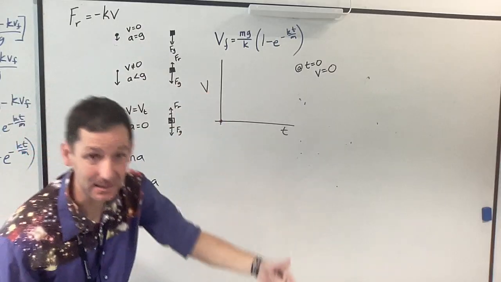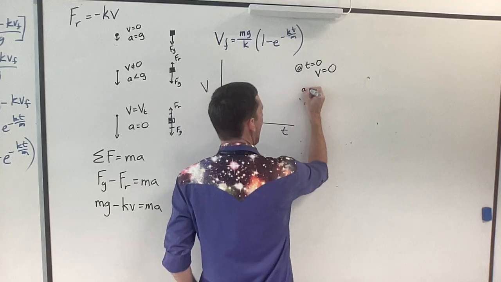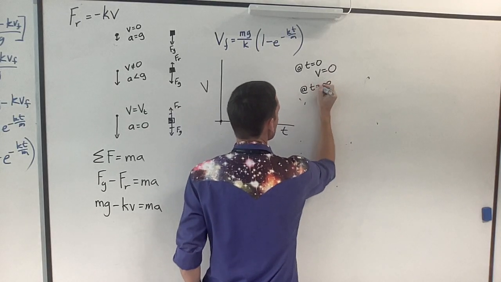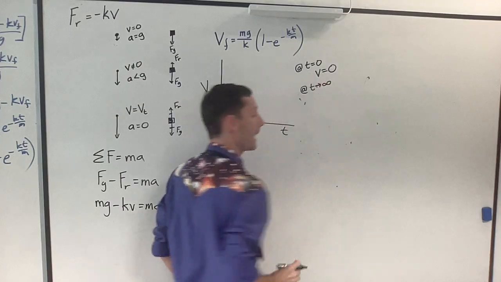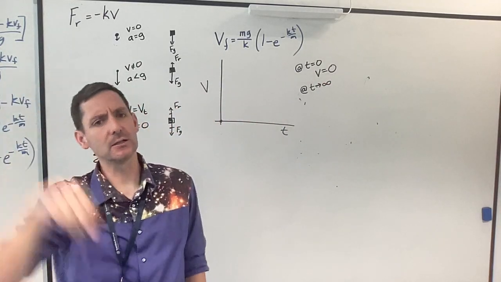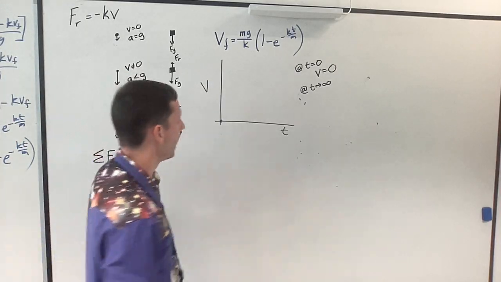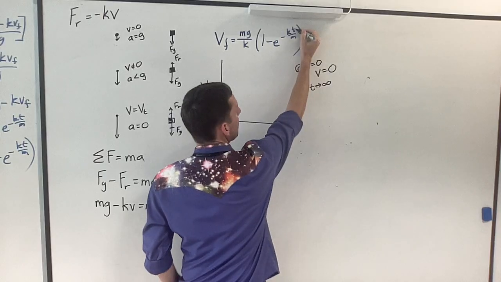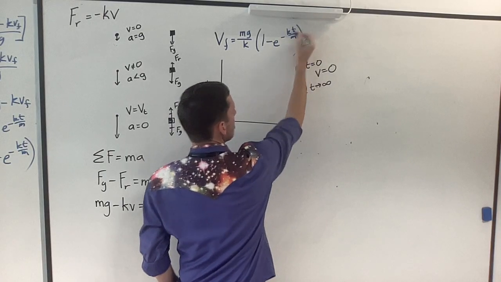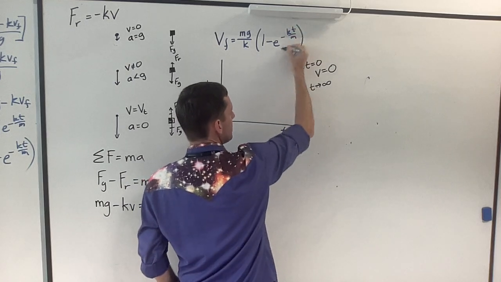Now, secondly, what's the next thing we want to be able to do? Well, I want you to be able to say, as time gets big, as time, not equals, it's not equals, but as time approaches infinity, what do we get? Now, mathematically, they would write out a limit, the limit of this function as t approaches infinity. Well, what happens? As t approaches infinity, this number gets really big. So this is e to a negative big number. That means this becomes 0.